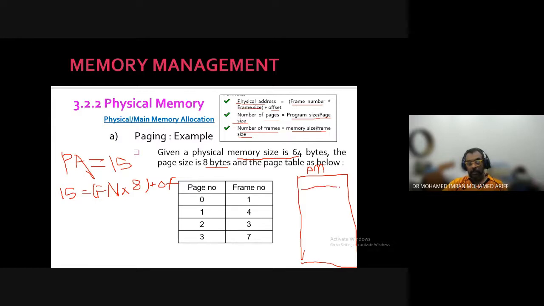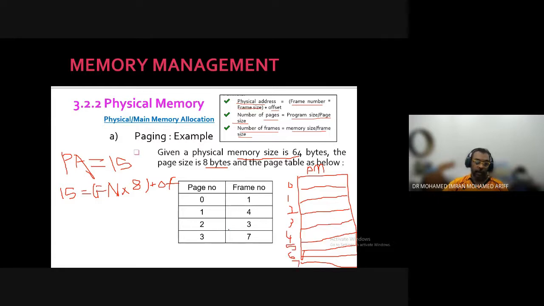This is frame 0, frame 1, frame 2, frame 3, frame 4, 5, 6, and 7.